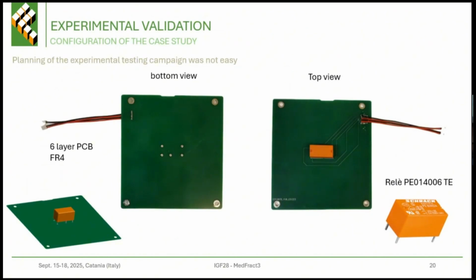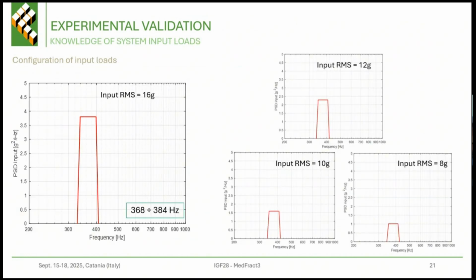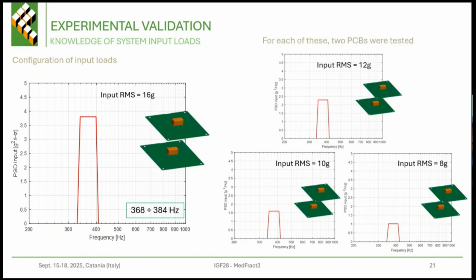Planning the experimental test campaign was not very easy, but we started from this simple 6-layer PCB. And we use this component that is a relay, and put our relay on the center of this PCB, and decided to have 4 inputs that are 4 power spectral densities in terms of acceleration, that have 4 RMS values, so 4 levels, and for each of these we test 2 PCBs.